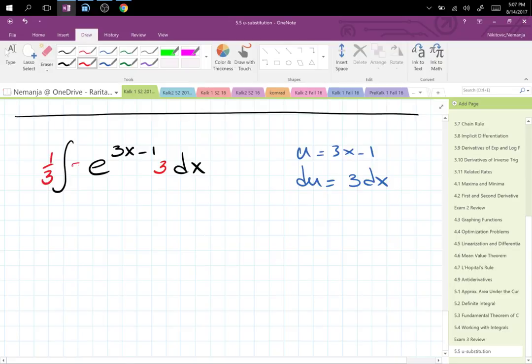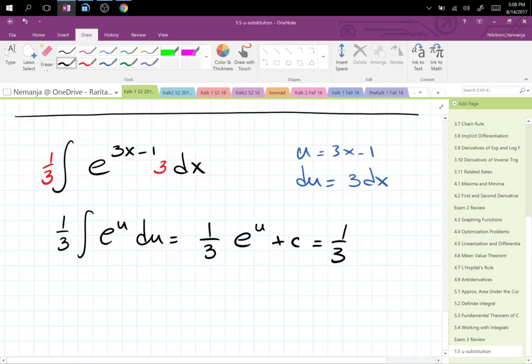I can put 3 also here. Doesn't matter where you put 3. So once you put that, it becomes 1/3 e to the u du, which is 1/3 e to the u plus c, which is 1/3 e to the 3x minus 1 plus c.